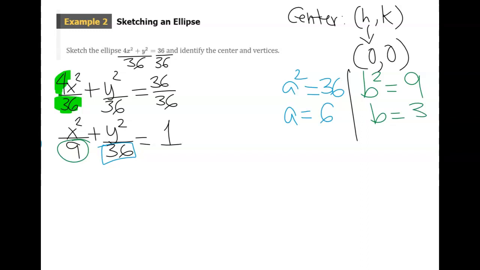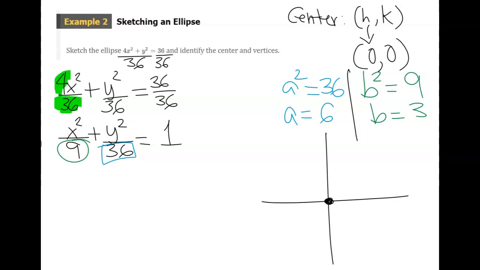And so now we actually know a lot, because we know how to find the vertices, and we know that this is going to be an ellipse for which the major axis is the vertical axis. And I'm actually going to draw that again. Okay, so center at the origin at 0, 0.